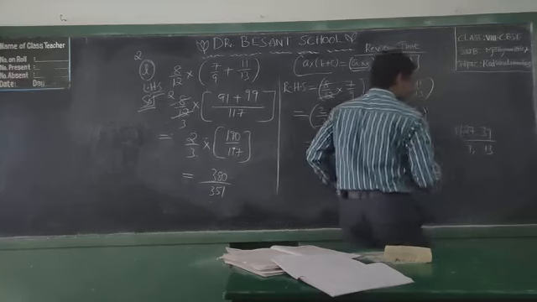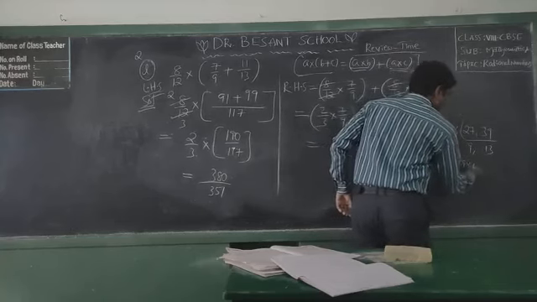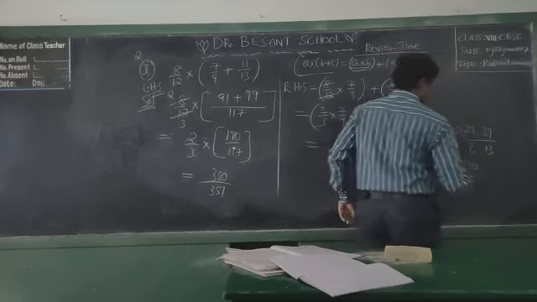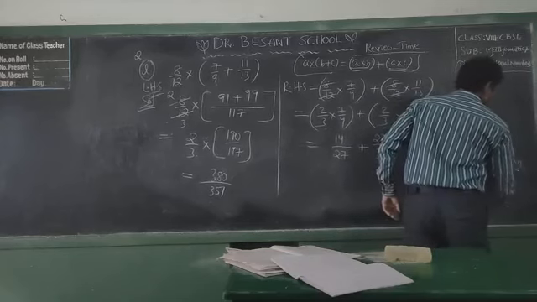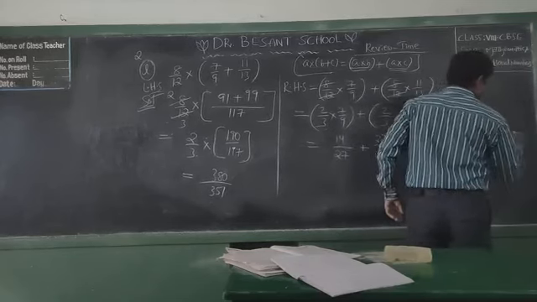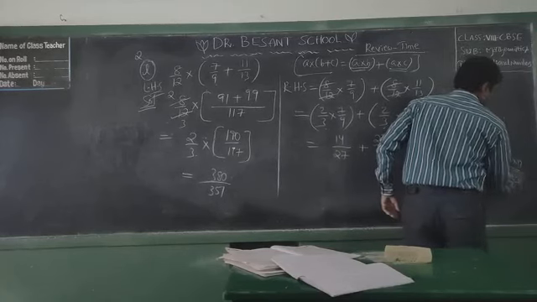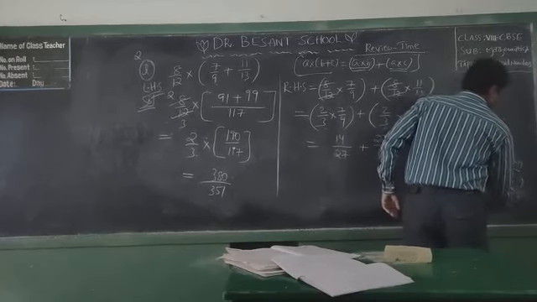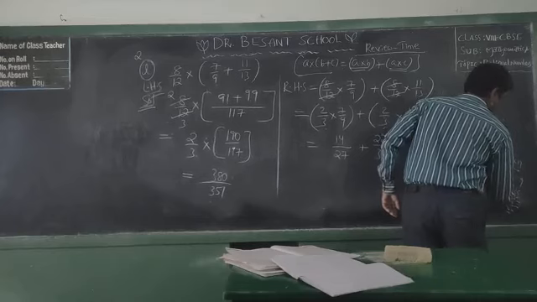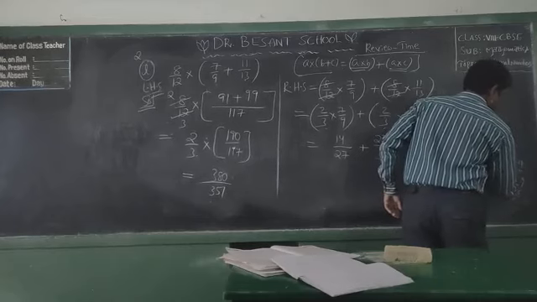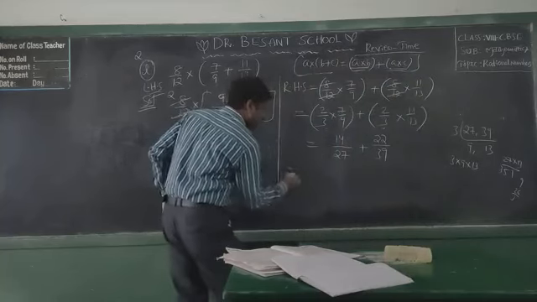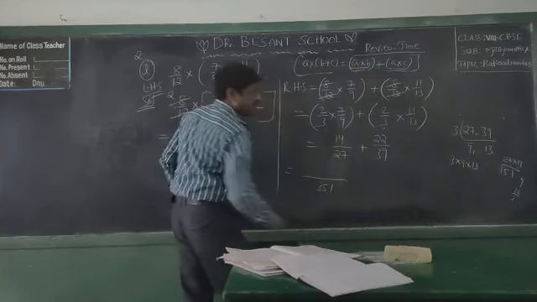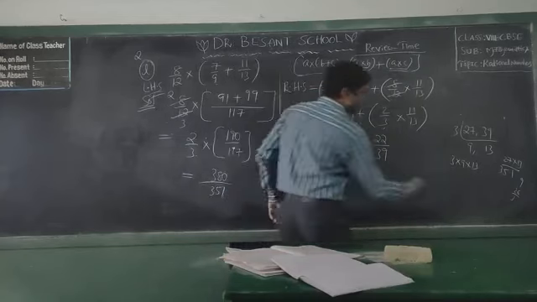So 3 into 9 into 13 is 351. So 351 is the LCM.